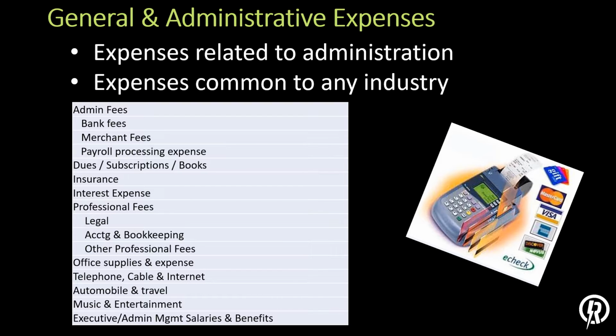Paying telephone, cable, internet, music and entertainment. And then we also need to pay our managers who don't necessarily work in the business, but are working on the business. That stuff fits into the G&A category. So lots of different types of fees and expenses related to any kind of business. That's what's going to show up in this one.